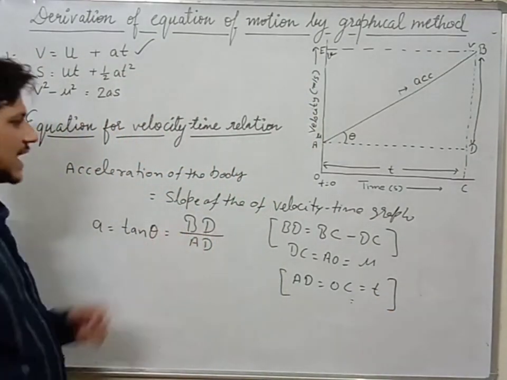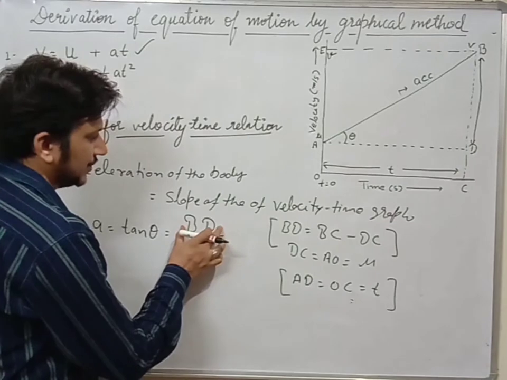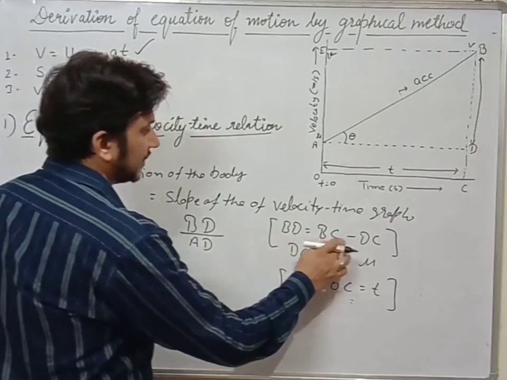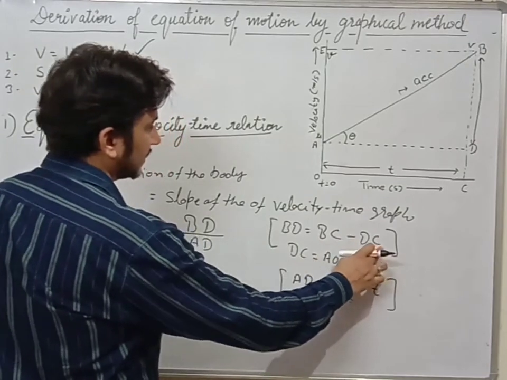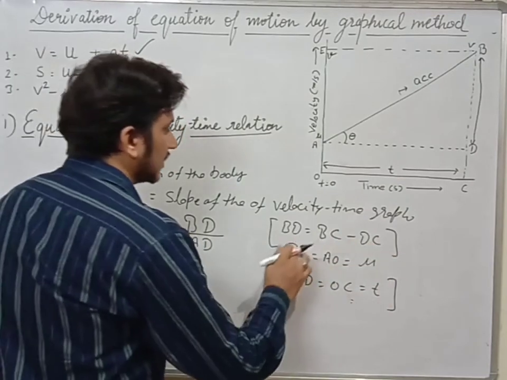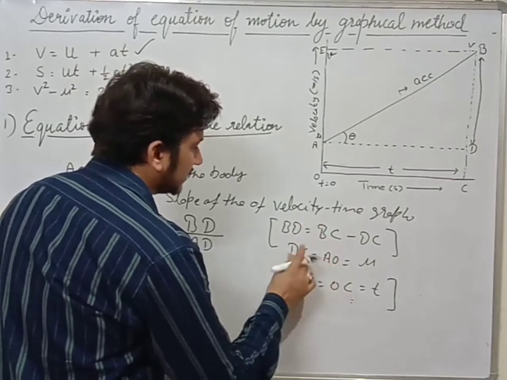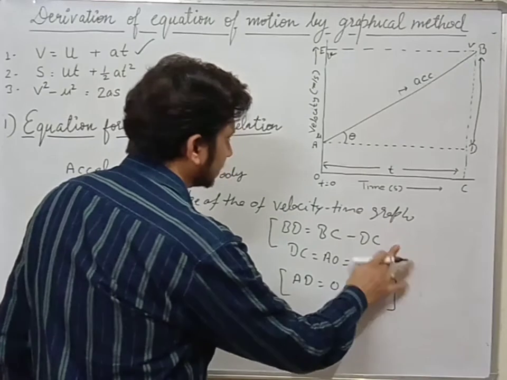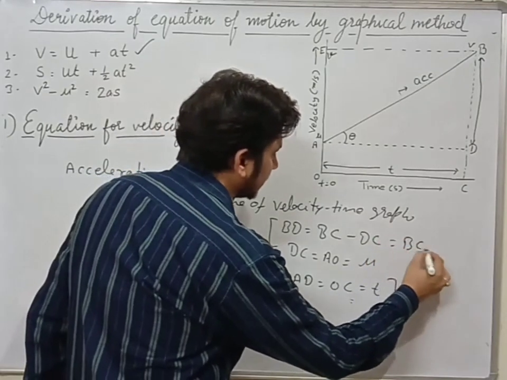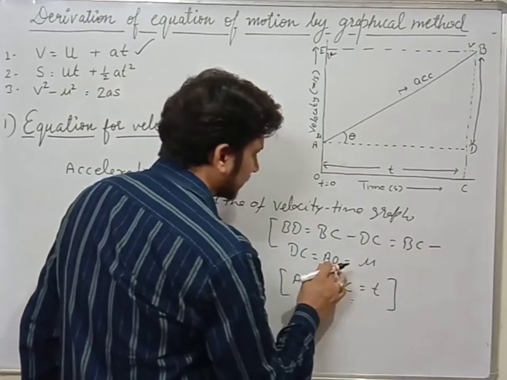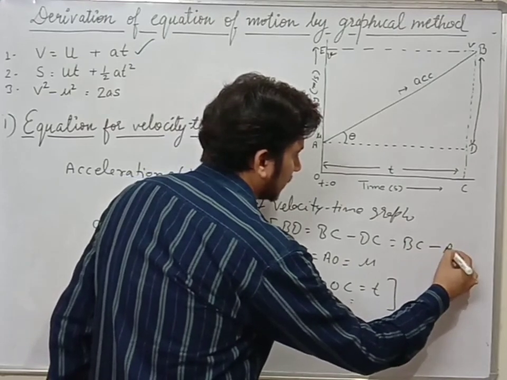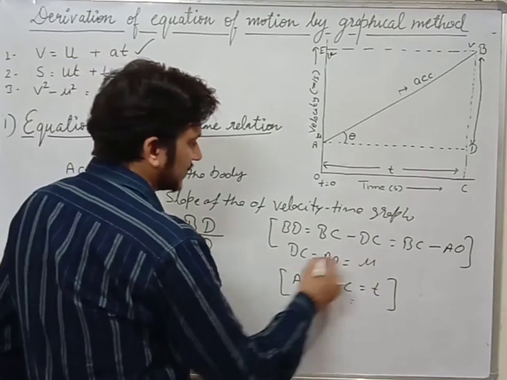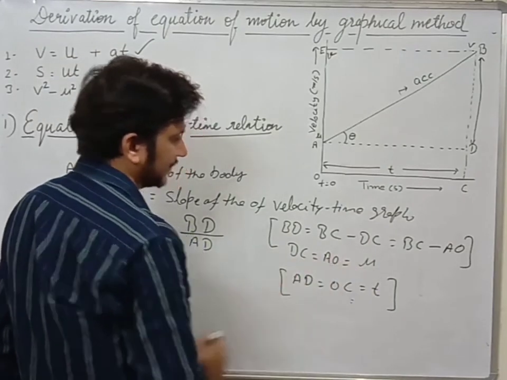So you can write BD equals BC minus DC, and since DC equals AO, we can write BD equals BC minus AO.